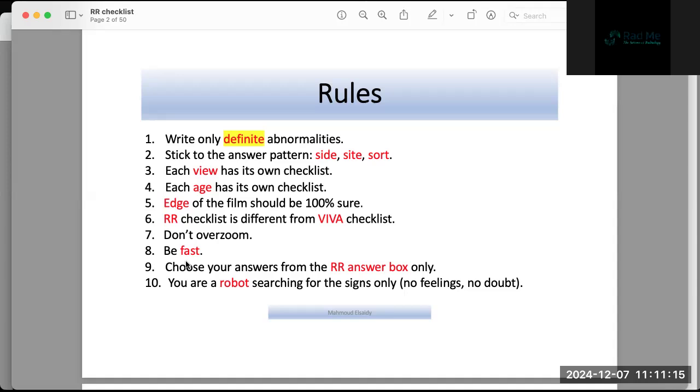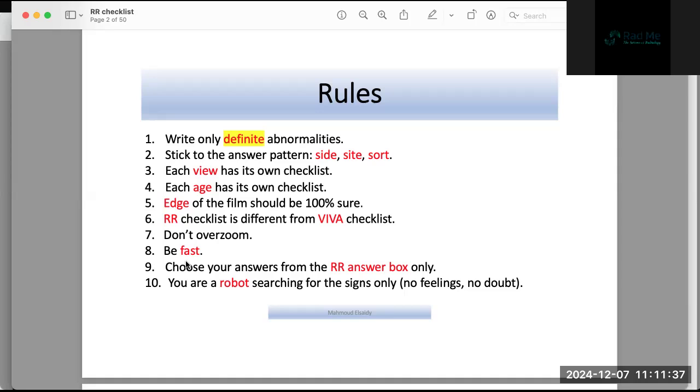So train hard on doing things very fast, and you already memorized the checklist and how to look through the images. So at your subconscious level you are good to go. Okay, choose your answers from the RR answer box only.